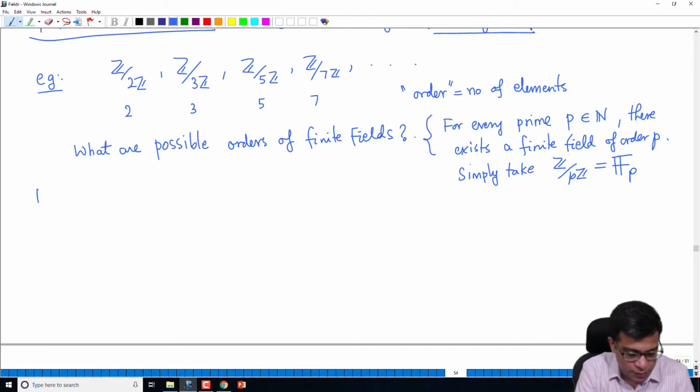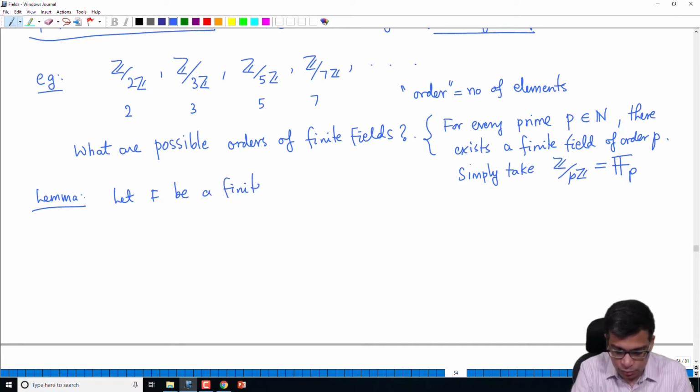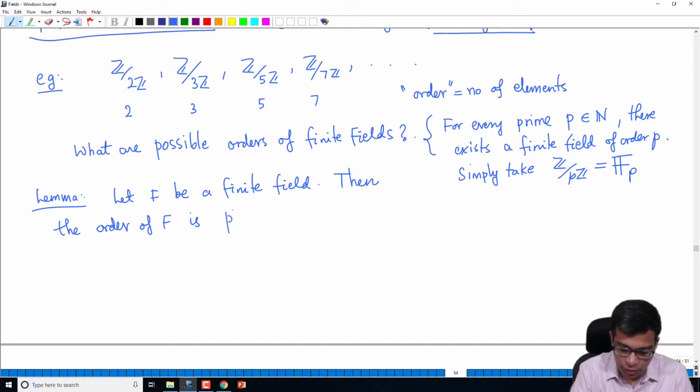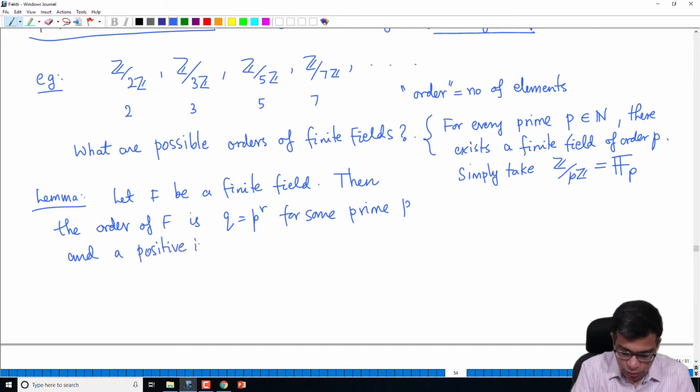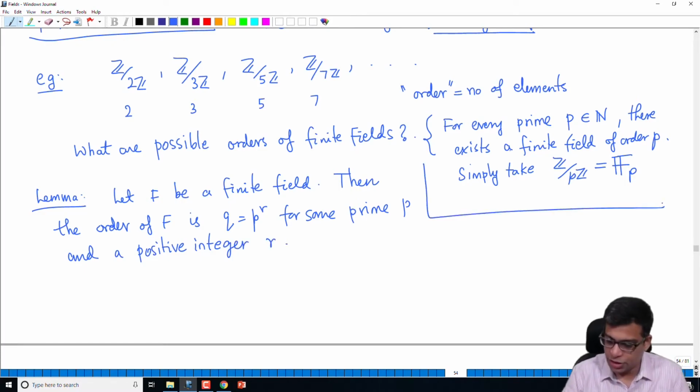On the other hand, I will prove a small lemma here, which says that if F is a finite field, then the order of F is Q, which is P to the power R for some prime P and a positive integer R. P is of course a prime integer.